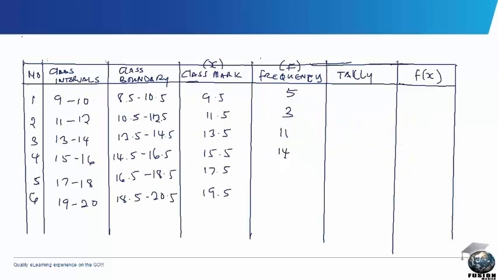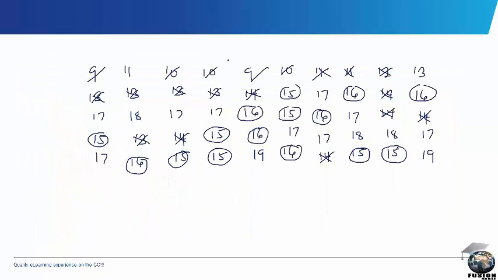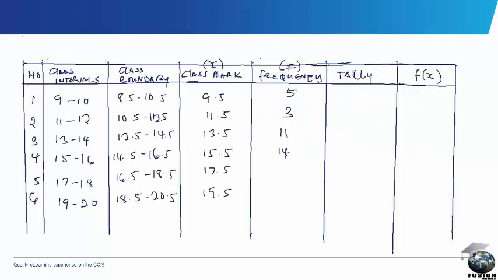Okay, let me go back and count to make sure they are complete. That's 1, 2, 3, 4, 5, 6, 7, 8, 9, 10, 11, 12, 13, 14, and 15. Right, there should be 15.